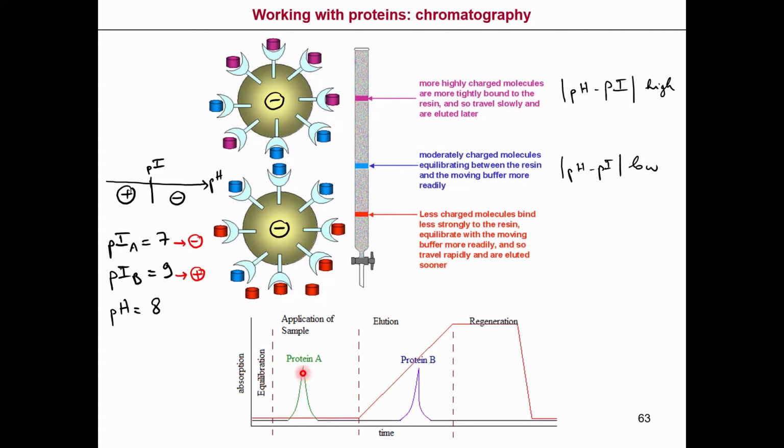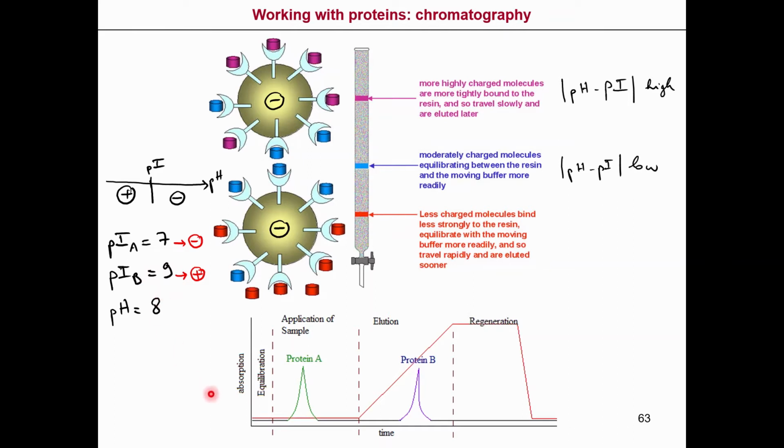So you have in the first fraction the protein A. But for protein B, which is positively charged, you have interaction between the beads and B. It means that you have a strong interaction between B and the gel. The B protein cannot be eluted. So we need to elute B.